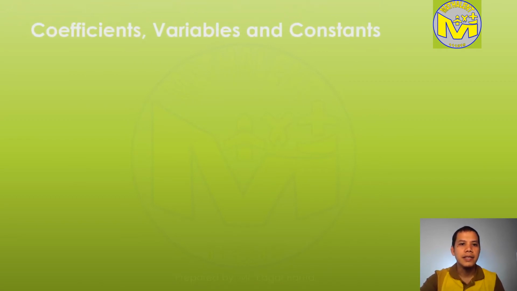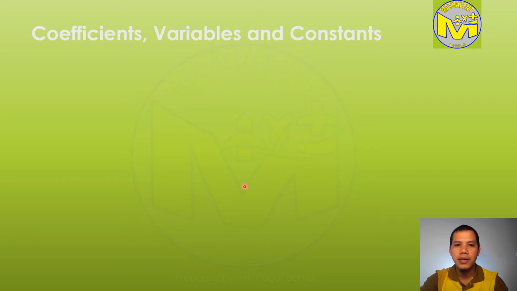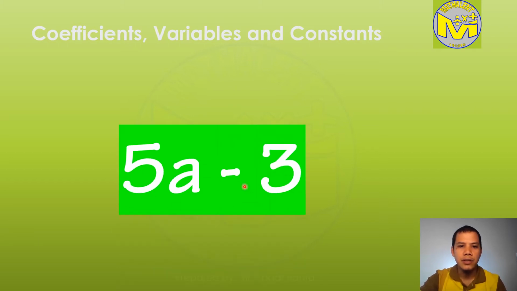Okay, in this slide, I will show you an algebraic expression, 5a minus 3. In the past lesson, we identified the variables and the constants. Today we added coefficients.